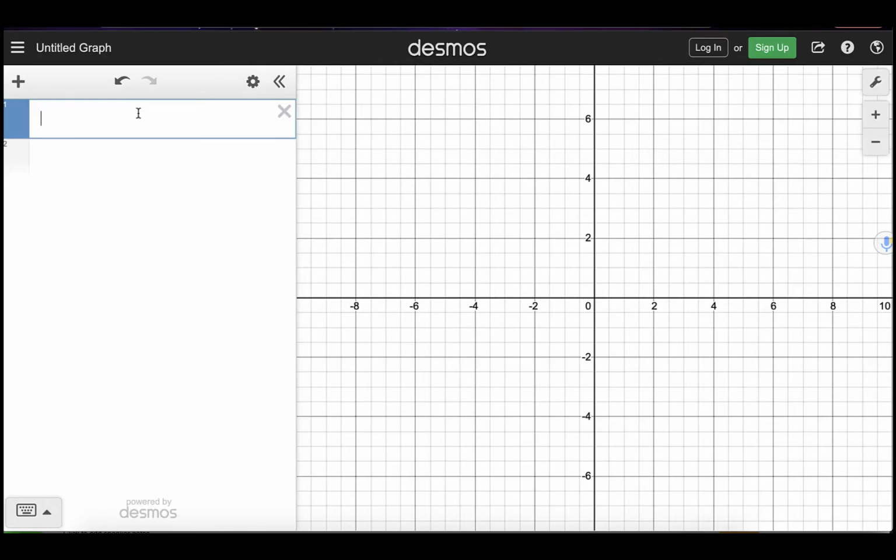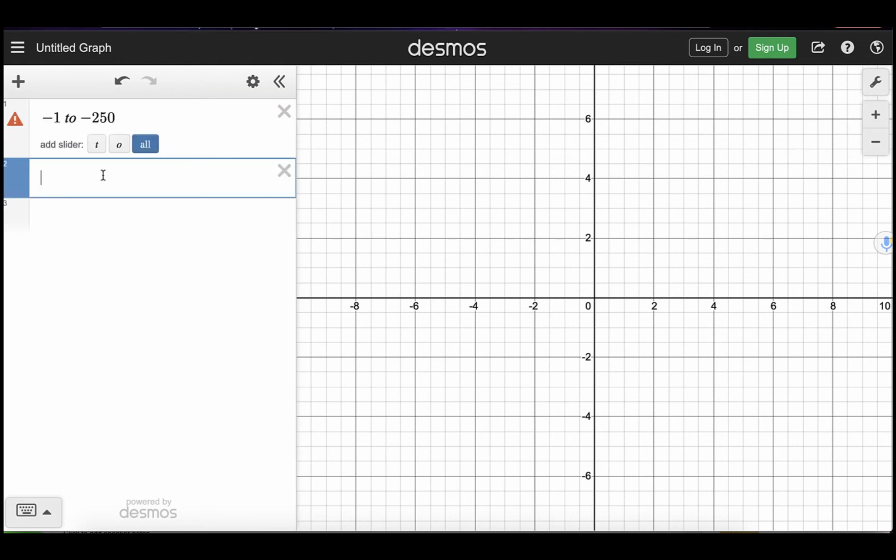For this one, I'm going to use Desmos for my subtraction. So I needed to go from -1 to -250. So I'm trying to figure out how much that changed. I'm going to subtract backwards. So -250 minus -1 is -249.